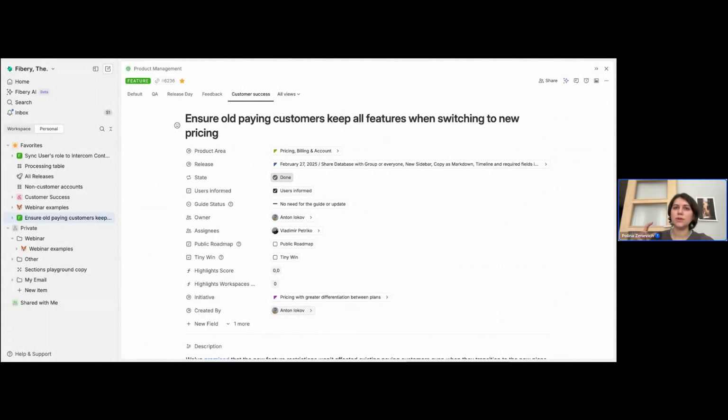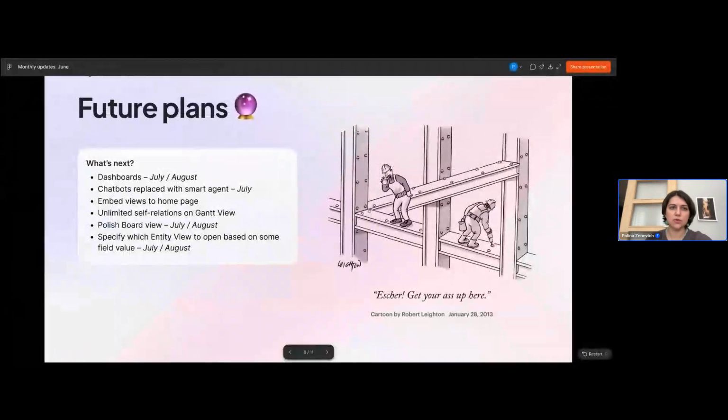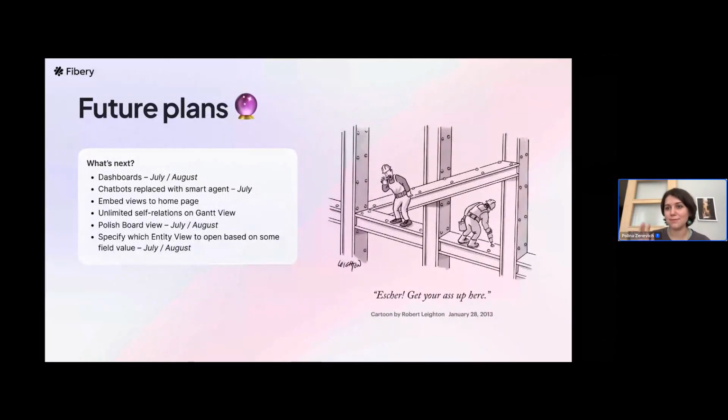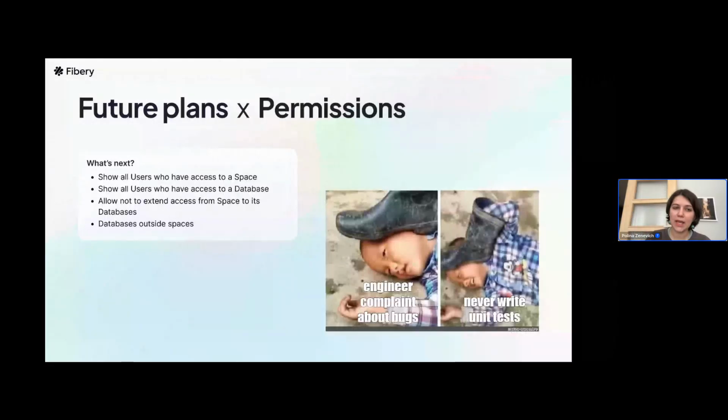So if the customer is in paid state, then default tab will be customer success. If customer churned, then default tab will be churned. Something like this. That's what we also plan to deliver relatively soon. And I'm, to be honest, very excited about this. I think that will be very helpful.